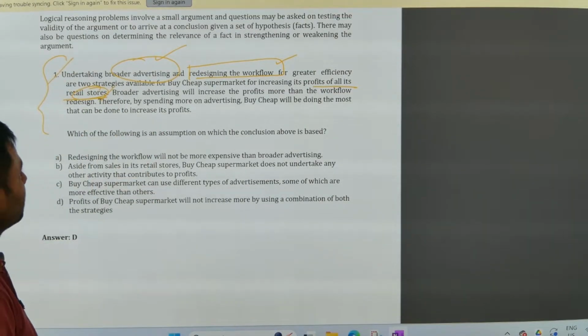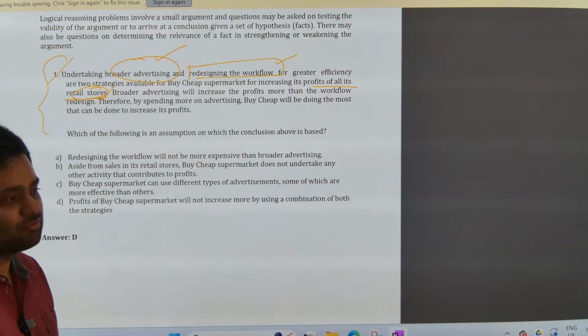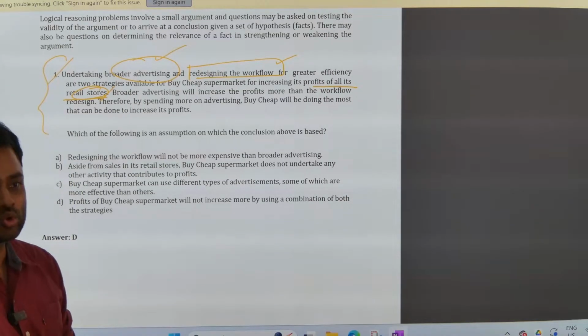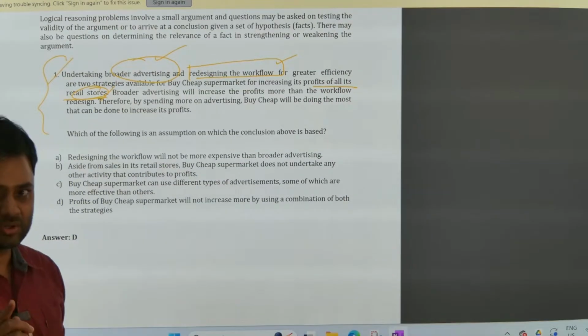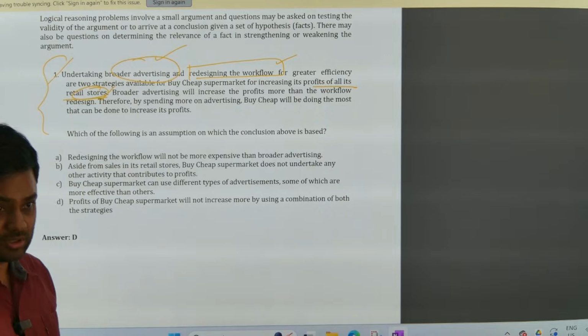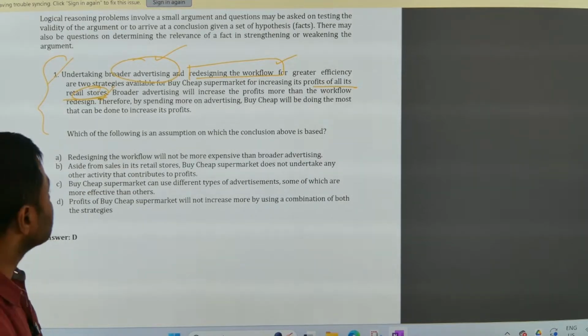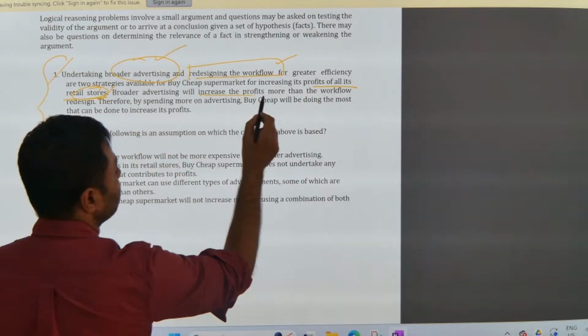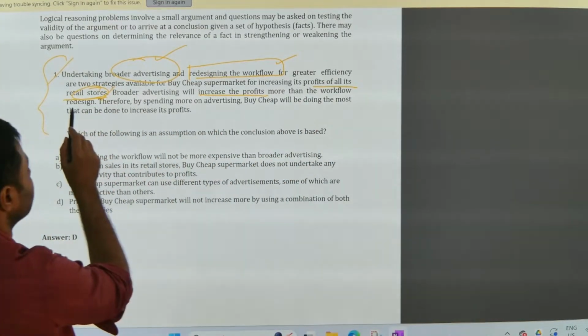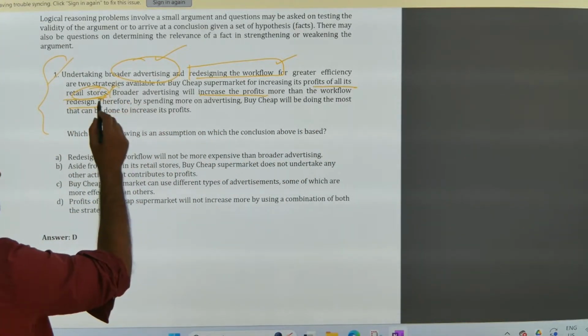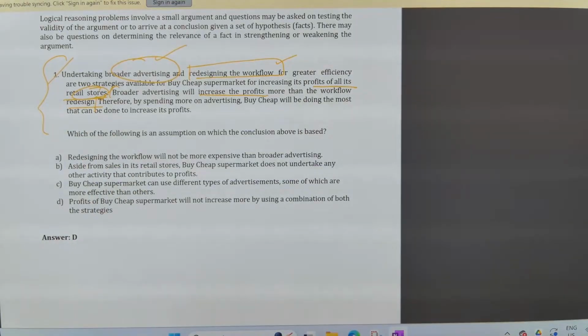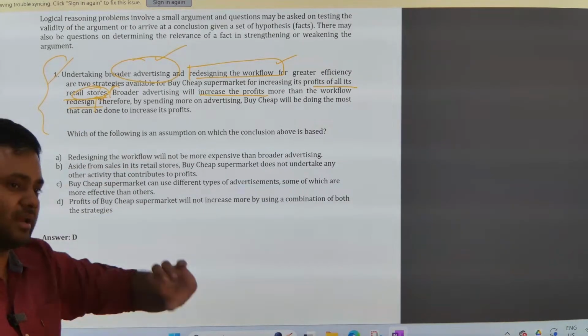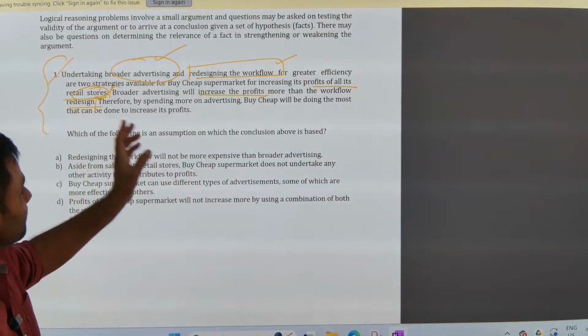Now the next step is that they have to decide which of the two strategies should we go with. We should opt for one, or we can go for both of them, right? So the next sentence talks about that. Broader advertising will increase the profits more than the workflow redesign. When they compare between these two strategies, they must have compared with many other strategies as well, but finally they have come up with these two.